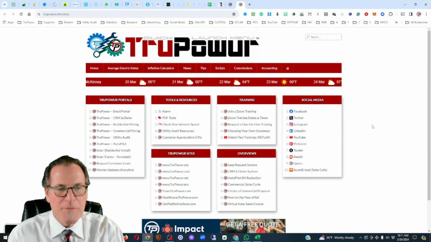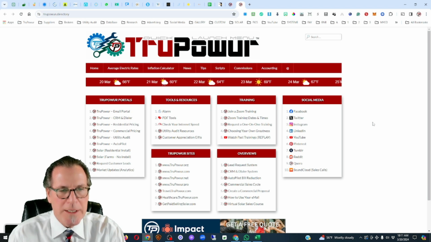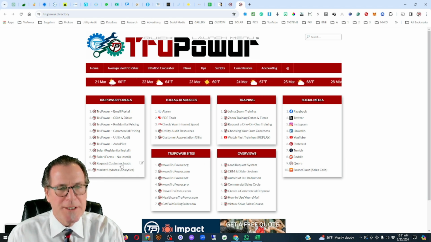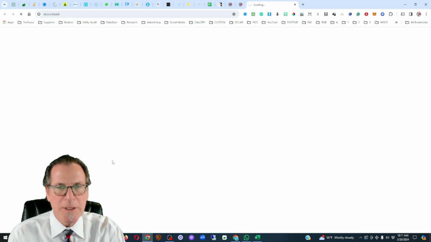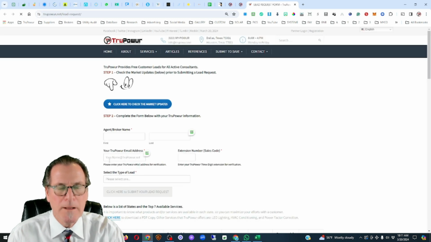Okay, so from the quick launch menu, let's start by going to the different markets that are available. And you can see that when you look at the request customer leads, from here you have access to check the market updates so that you know you're talking to the right people at the right time in the right location.